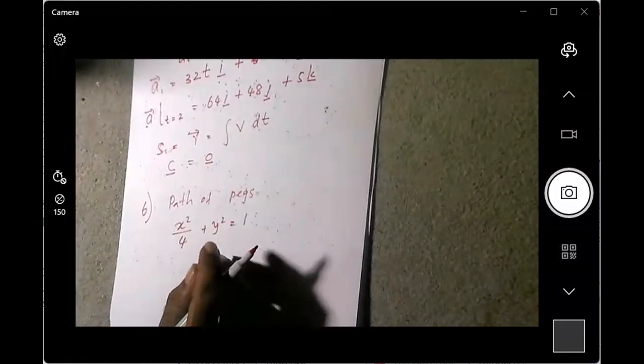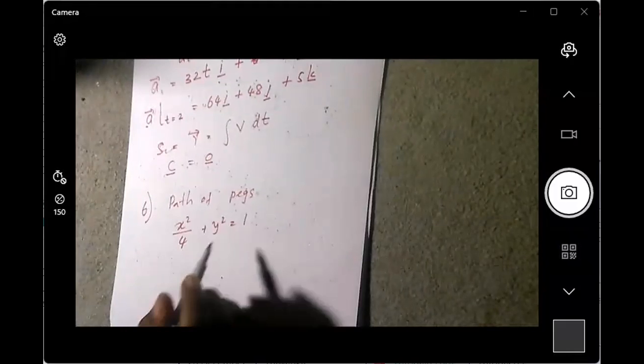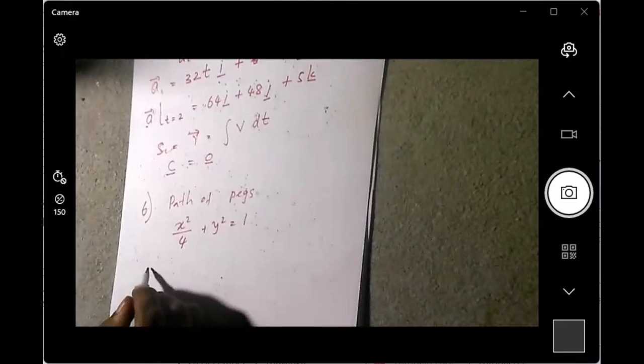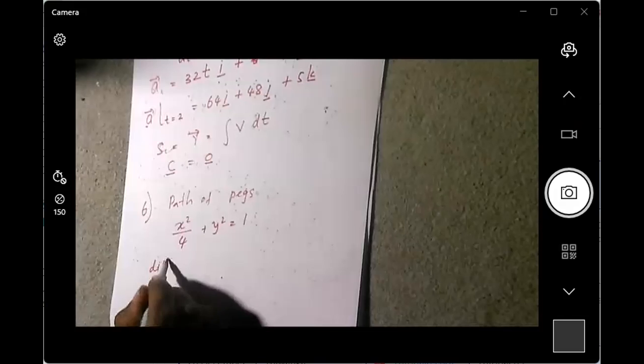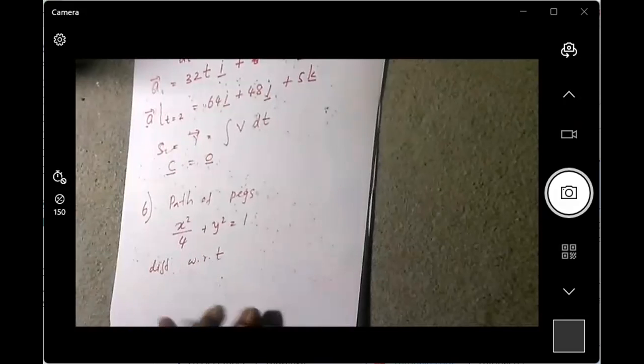We need velocity and the acceleration. So there is only one thing that we can do. What is that? We are going to differentiate this one with respect to time.